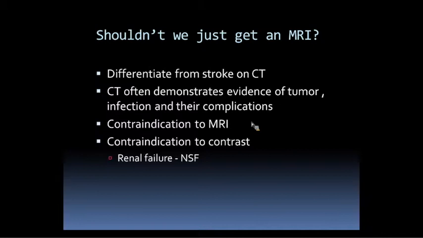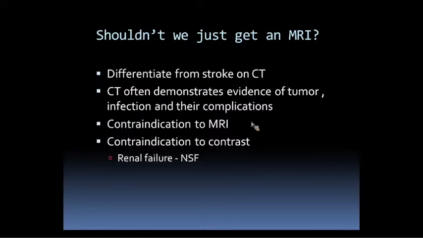Make sure you're not looking at stroke, in which case, obviously clinically sometimes it's very clear that that's the case, but sometimes the picture is a little bit cloudy, and the imaging does help quite a bit, even just an initial CT. And then, once you decide we're not dealing with a stroke, there's a lot we can learn and say about tumor and infection from a CT prior to getting an MRI as well.